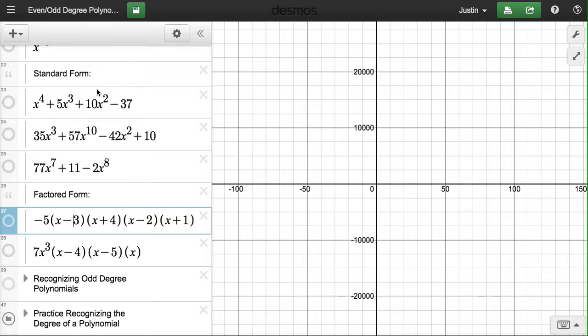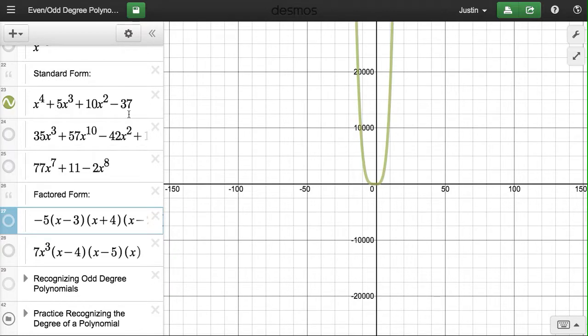No, not this one. That's the coefficient. It says 10x squared. That doesn't make it the biggest. The biggest is the power. So the power is 2 here, 3 here, and 4. The biggest term is x to the 4th. And since that's even, it's an even degree polynomial. And so when I graph it, it looks like other even degree polynomials.